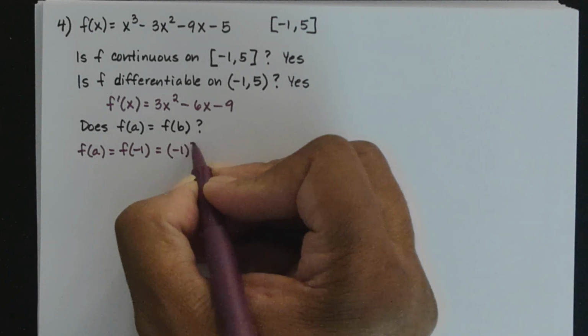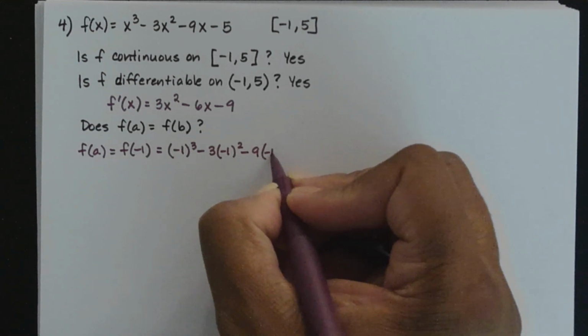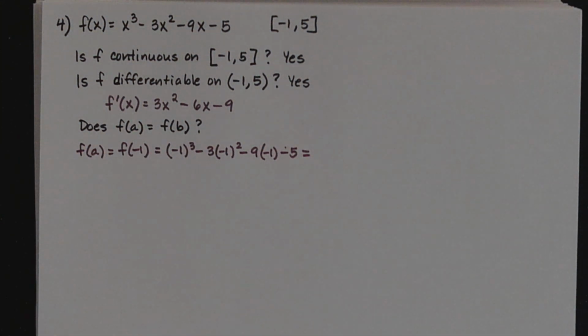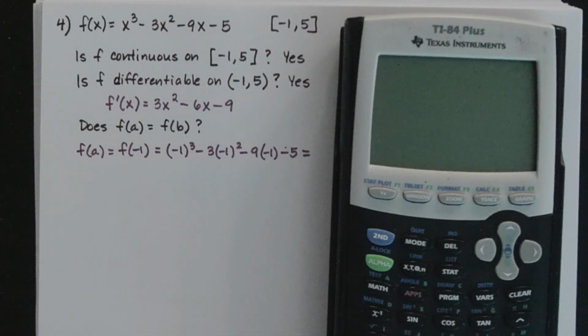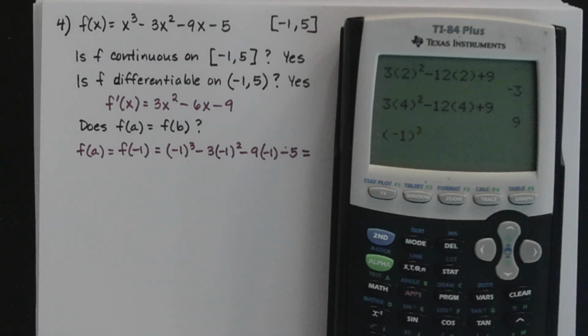So this would be negative 1 cubed minus 3 times negative 1 squared, minus 9 times negative 1, minus 5. Here we get 0.